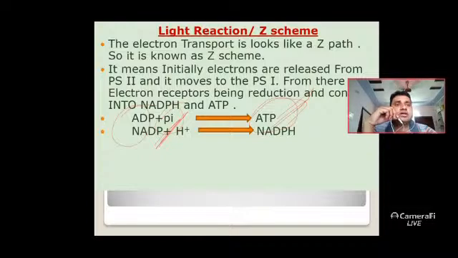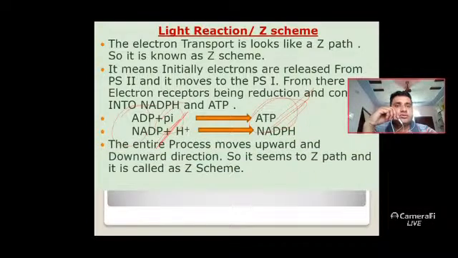So NADPH is also one of the end products in the light reaction. The entire process from PS2 to PS1, in an upward and downward direction, is called the Z scheme.